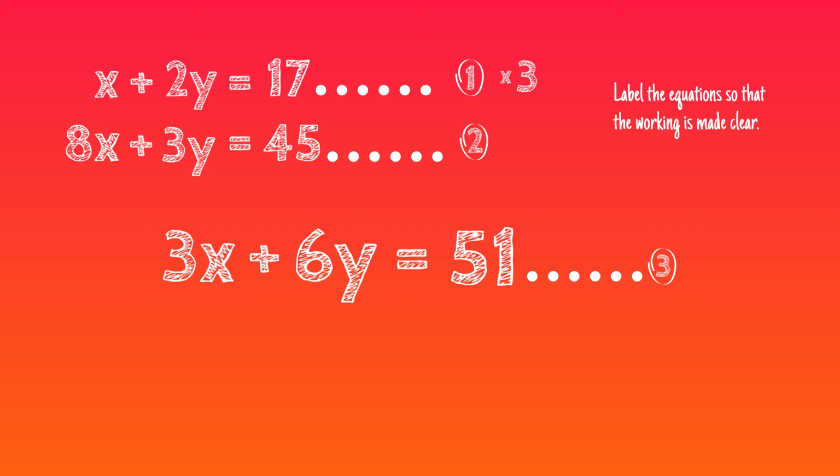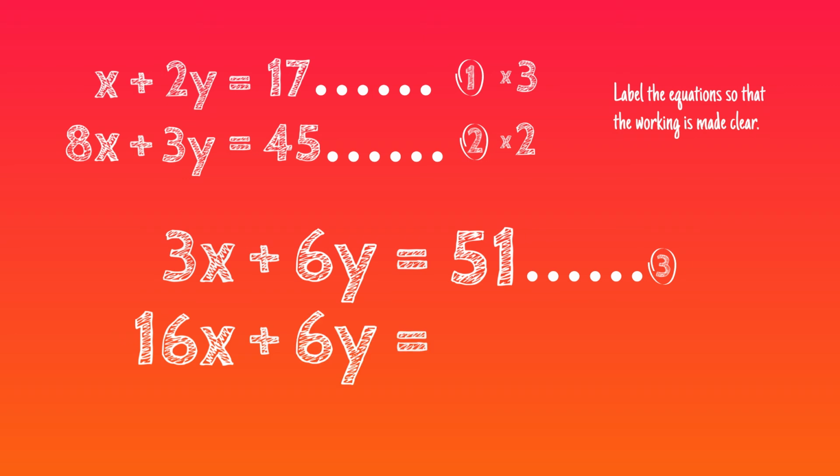For us to get 6y in the second equation, we need to multiply the second equation by 2. We say 2 times 8x is 16x plus 2 times 3y is 6y equals 2 times 45 is 90. This becomes equation 4. So we are going to subtract equation 3 from equation 4.